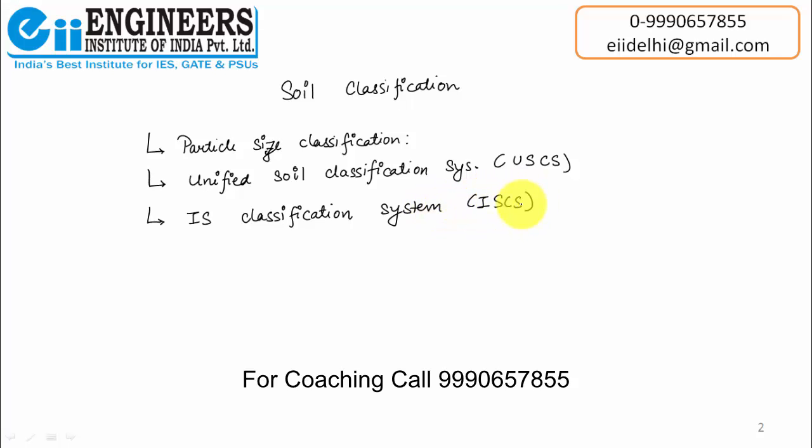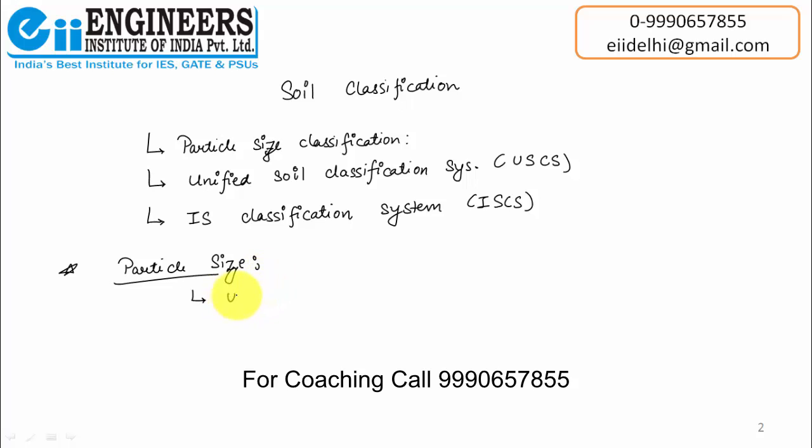The first thing we are going to study in today's lecture is particle size classification. We classify our soil only on the basis of the size of the particles. In this system, soils are arranged according to grain size. The terms gravel, sand, silt and clay are used only to indicate grain size. There are different classification systems in this also.